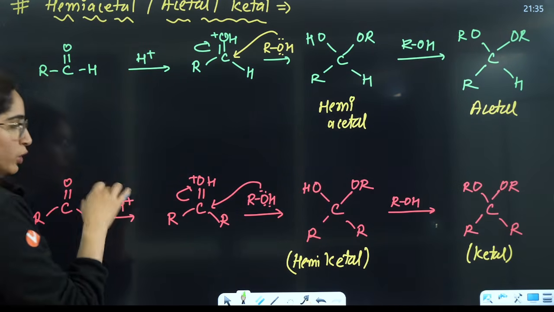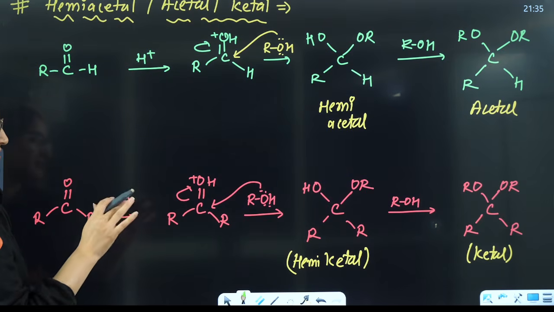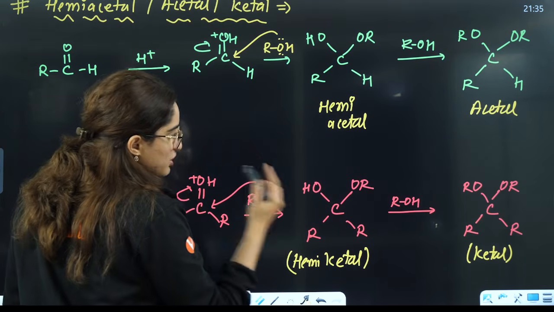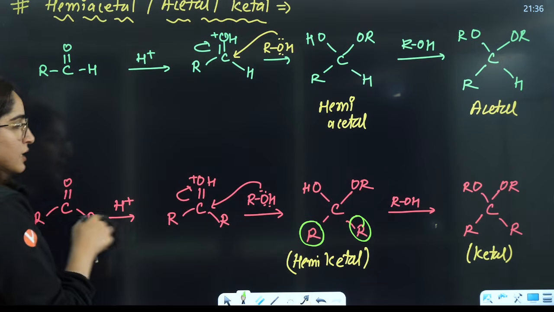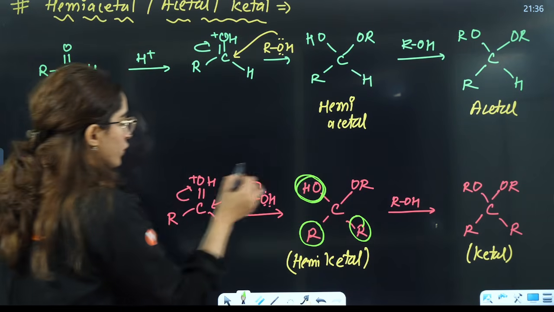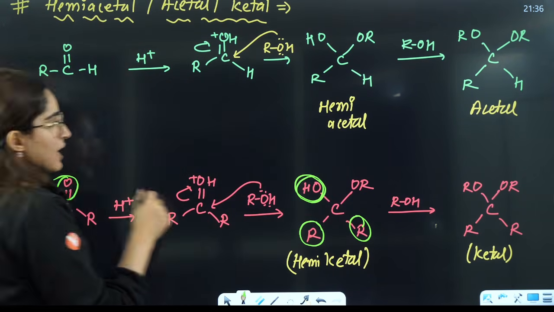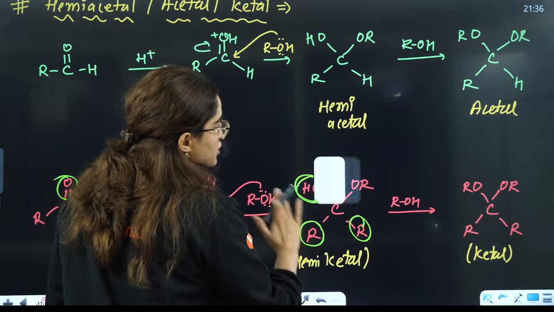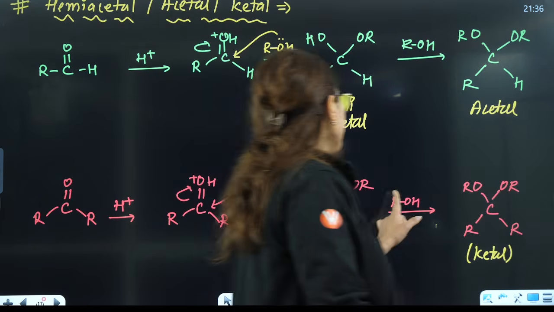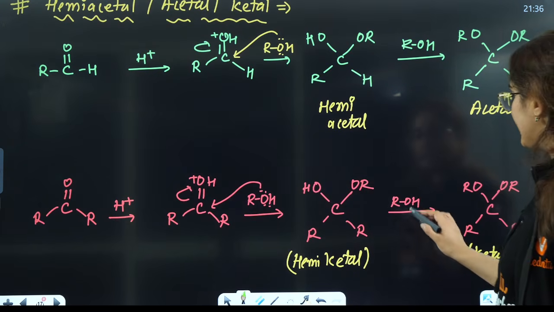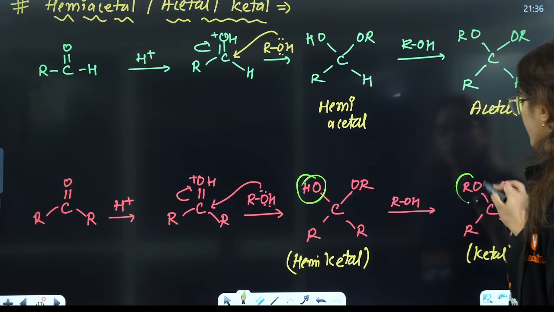Now when ketone does the same thing, you have the formation of carbon with two alkyl just like here, and this one part is converted to OH here, right? And one OR will be attached here. Okay, that is hemiketal.